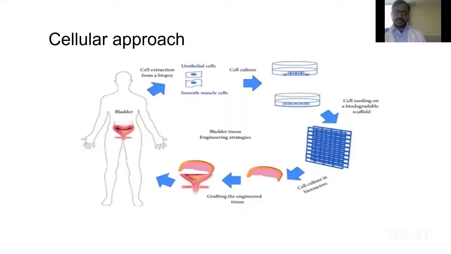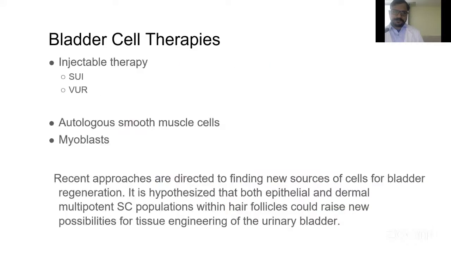In the cellular approach, cells are taken either from bladder mucosa or intestinal submucosa, urothelial cells are cultured in vitro and seeded on biodegradable scaffolds, then cultured in bioreactors, and the grafted engineered tissue is placed in the bladder.